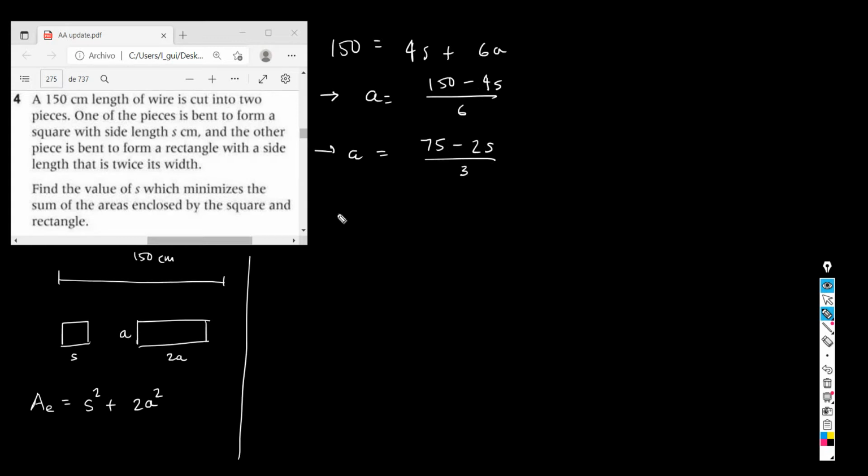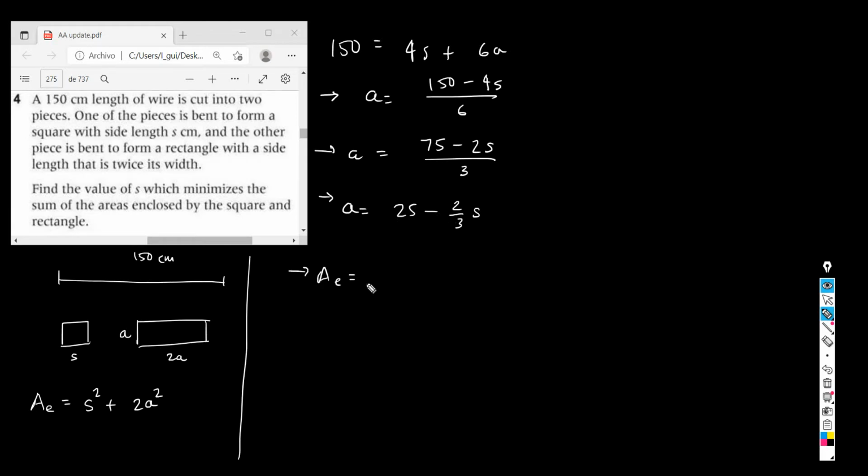Even more, we can simplify a little more. 75 over 3, that's 25, minus 2/3 S. So there you go. That's A. And since A is given in terms of S, I can put it back in here.